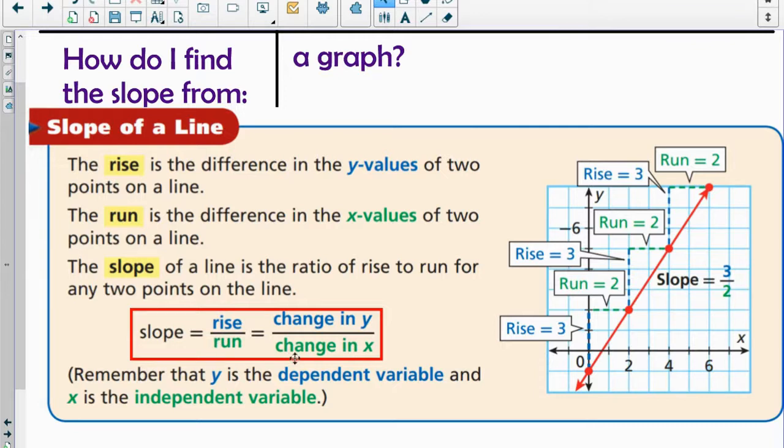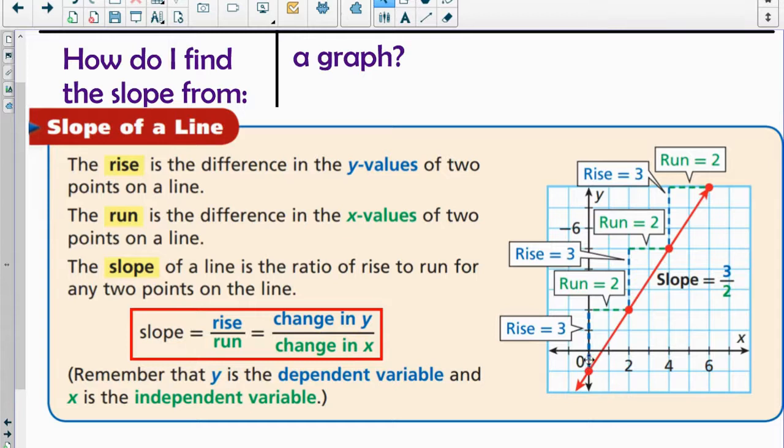So let's talk about what is meant by rise and run. The rise is the difference in the y values of any 2 points on a line. That's also called the change in y, as in the change in the y values. Now we don't have any numbers over here to go off of. That'll come up later.